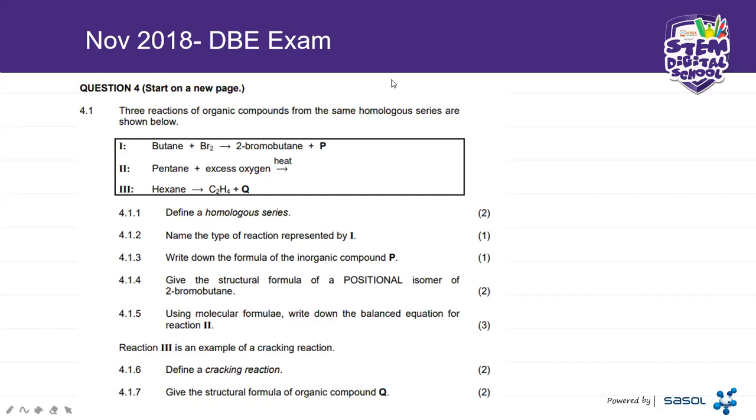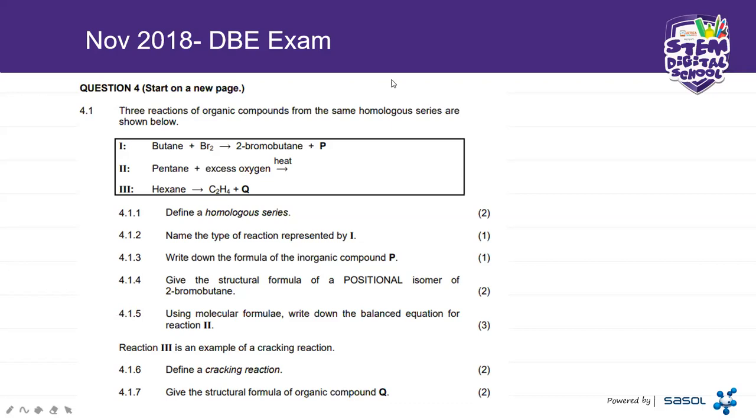So 4.1.2 says, give the structural formula of a positional isomer of 2-bromobutane. That's taking us back to last week's lesson where we did our chain isomers, positional isomers, and our other isomers.